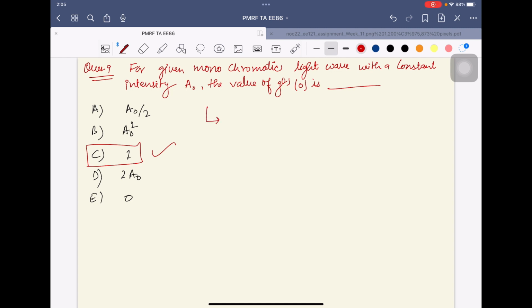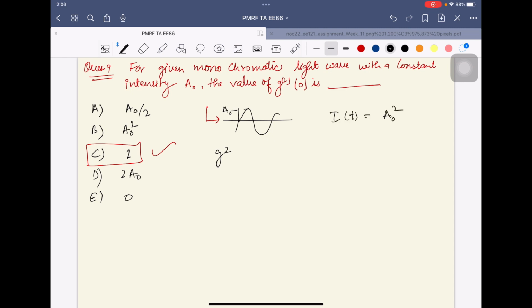So just consider this amplitude is something like that. So this is A0, okay? This is constant. So I at time t will be A0 square.